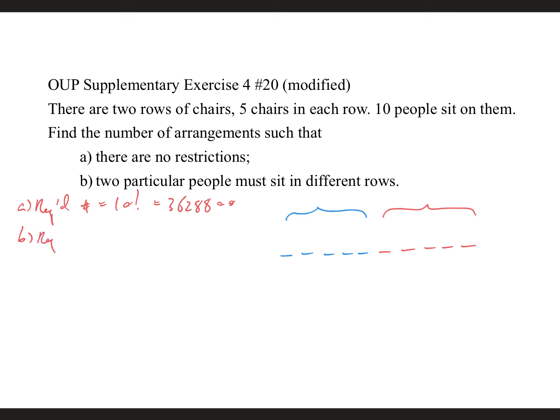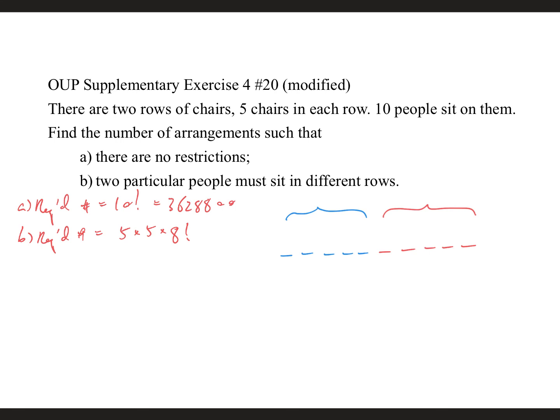Therefore, for the required number, John sits on the first row, we have 5 choices. Mary sits on the second row, we have 5 choices. And the rest of the 8 people, they can sit wherever they like.